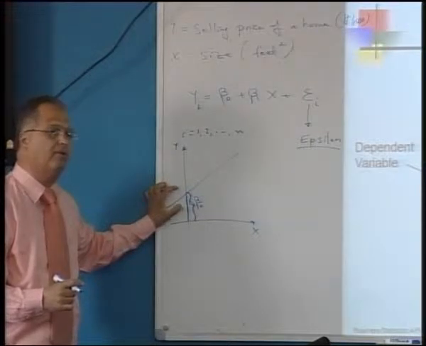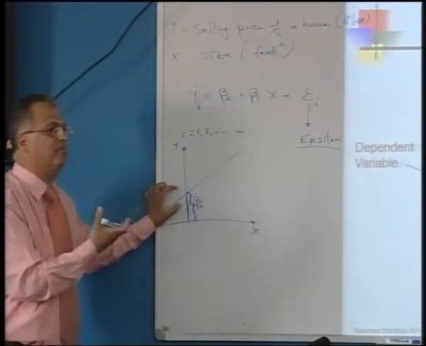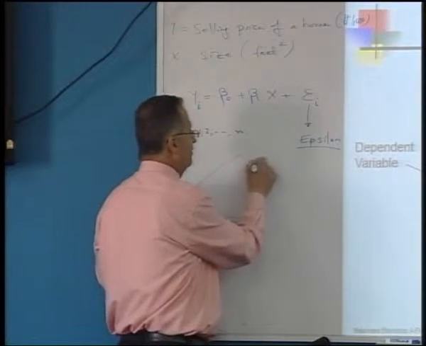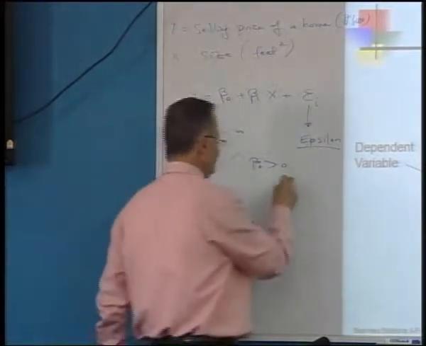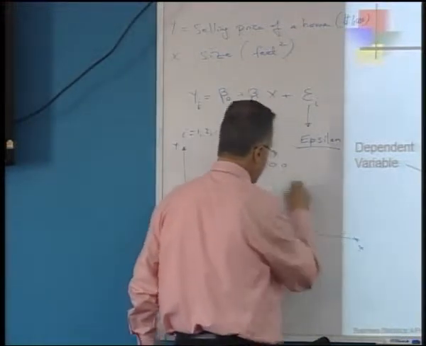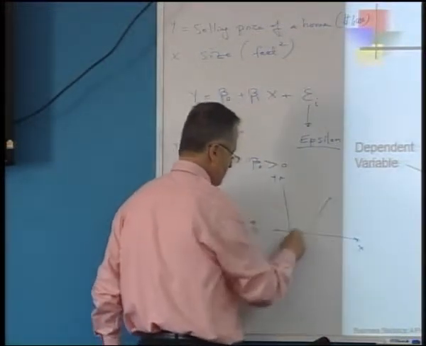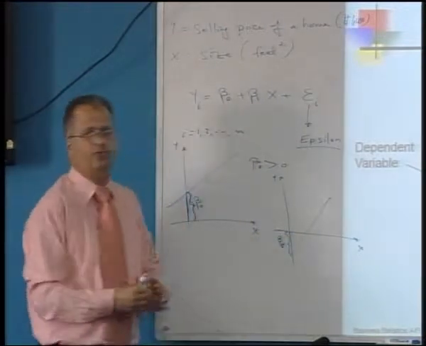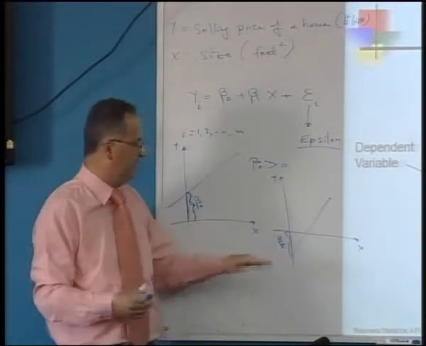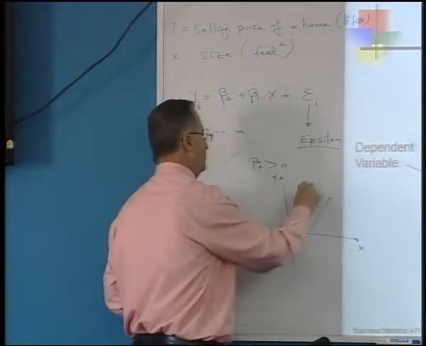It could be above the x-axis, I mean beta 0 could be positive. Now this beta 0 falls below the x-axis, so beta 0 might be negative.